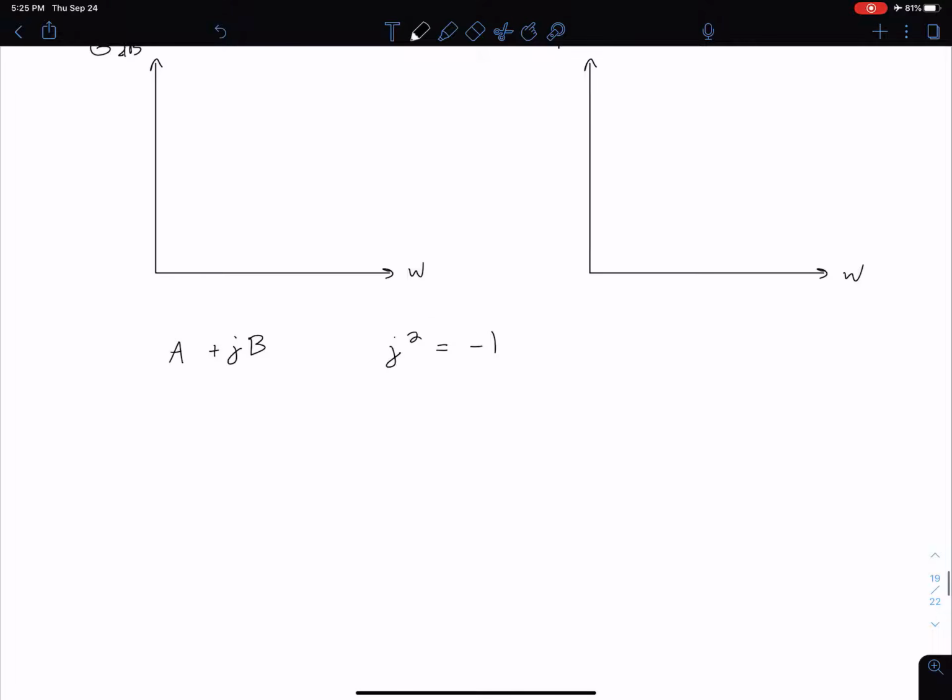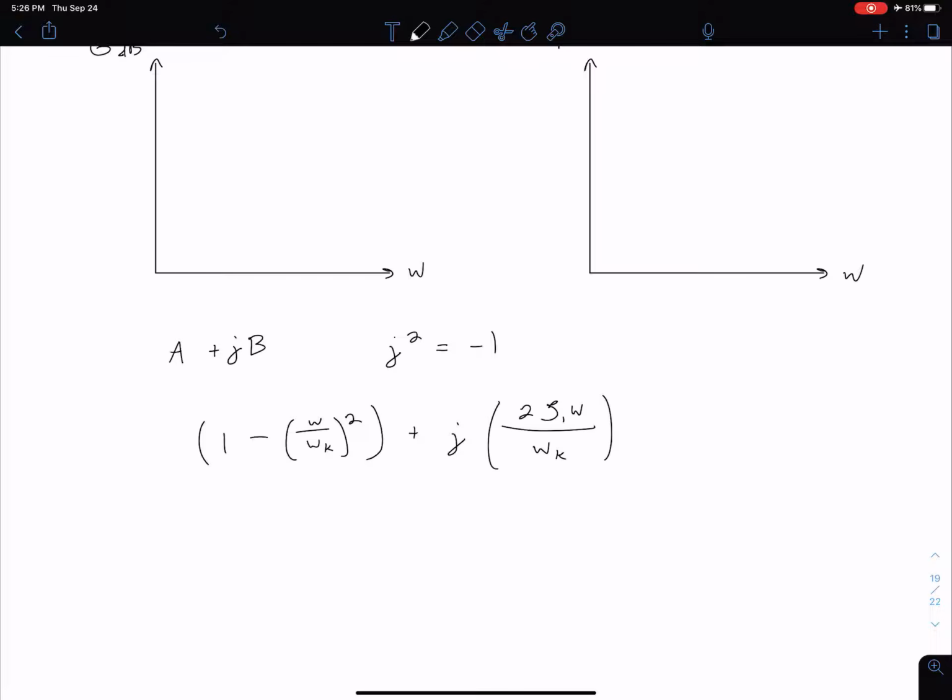With that in mind, we can rewrite that equation above. We have our a component, which is going to be 1 minus omega over omega sub k, squared. All of that is our a, and then we have plus j times our b component, which is 2 zeta 1 omega divided by omega sub k.